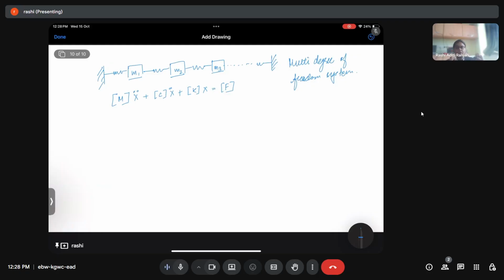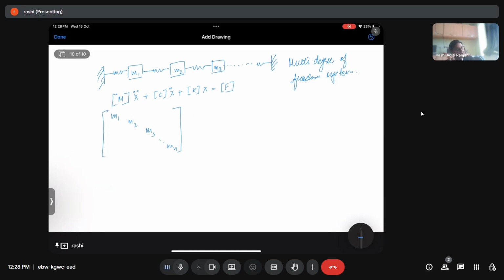It is going to be an n cross n matrix. X is going to be an n cross 1 matrix. So M is going to be of the form M1, M2, M3, ... Mn. It will be a diagonal matrix. Okay. C and K are not going to be diagonal matrices. It will depend upon how the springs are connected and everything.